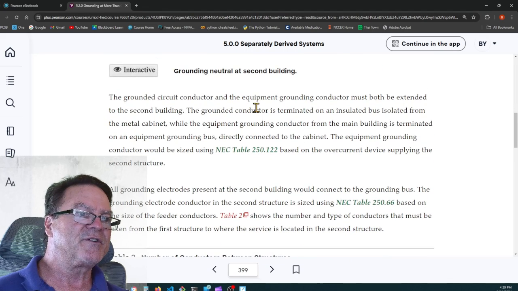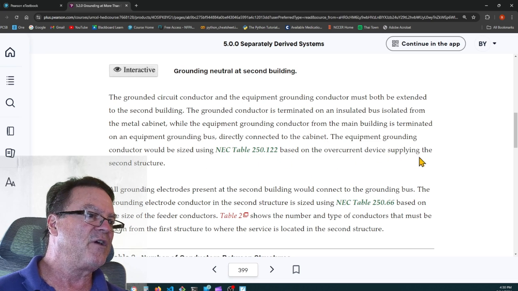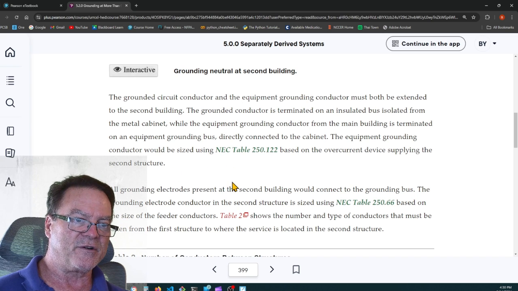So it says the grounded circuit conductor and the equipment grounding conductor must both be extended to the second building. The grounded conductor is terminated on an insulated bus isolated from the metal cabinet, while the equipment grounding conductor from the main building is terminated on an equipment grounding bus directly connected to the cabinet. The equipment grounding conductor would be sized according to 250.122 based on the overcurrent device supplying the second structure.